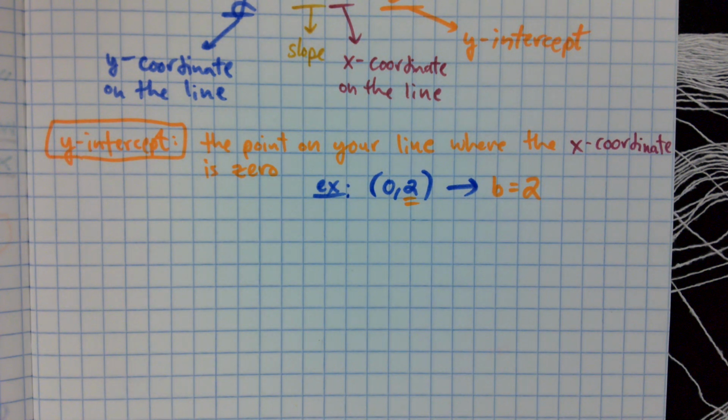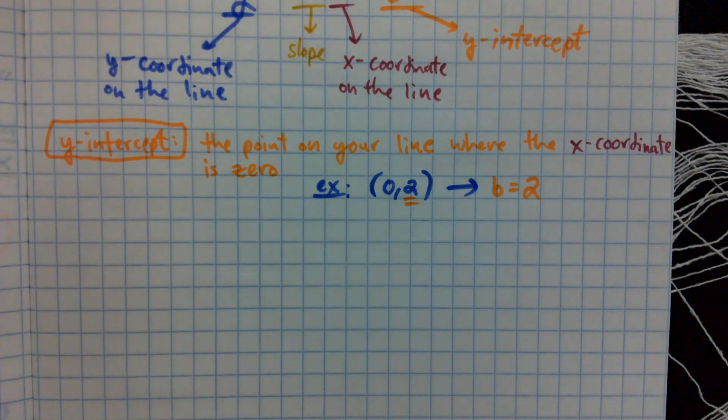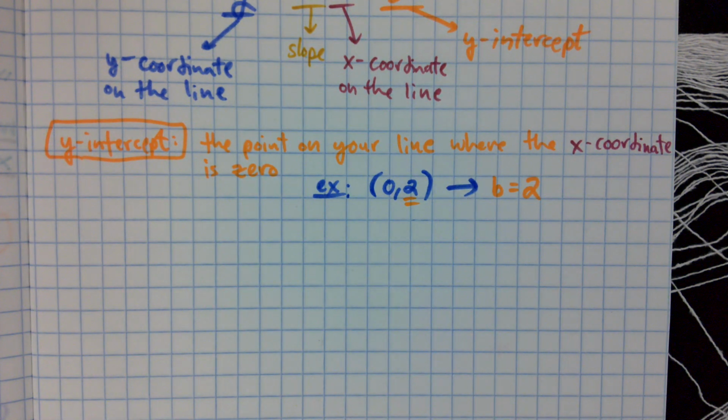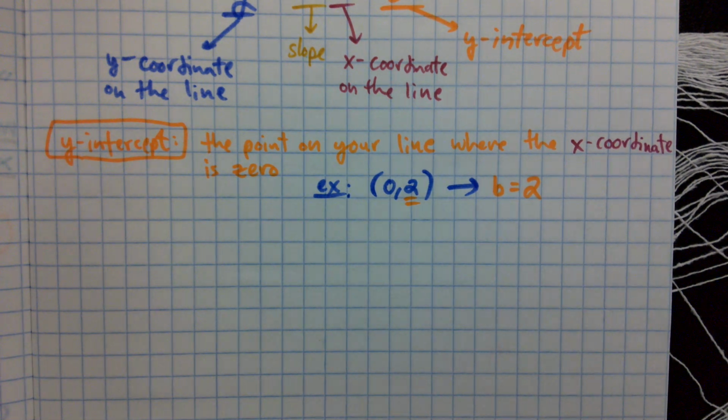Like we said in the warm-up, the point (0, 2), if we were to plot that on a graph, lands on the y-axis, which makes that our y-intercept. Okay, and we'll see visually what this looks like in a little bit once we get our graphs glued in.